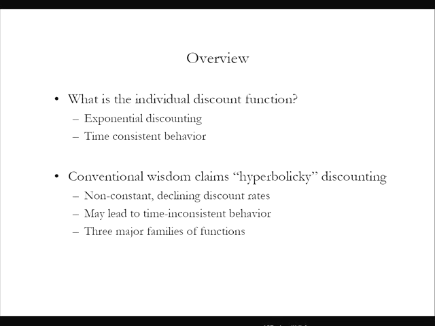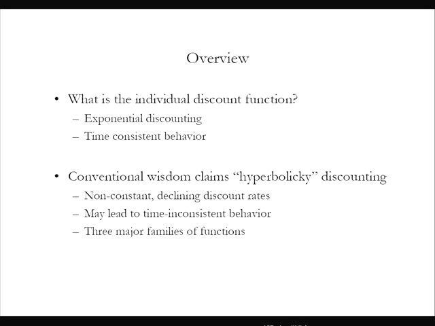The discount function really specifies the weights that you place on outcomes that you receive at different points in time. So the further out the outcomes are, the less weight you place on those outcomes. And the discount rate is then the ratio between those weights you place at different points in time.